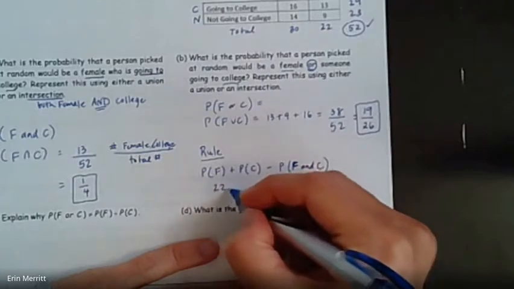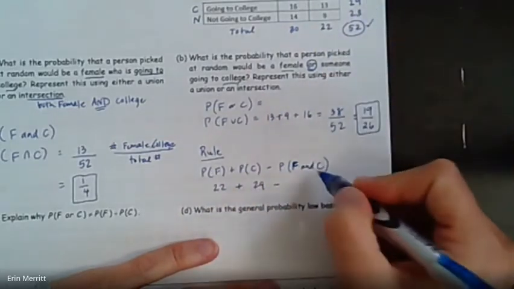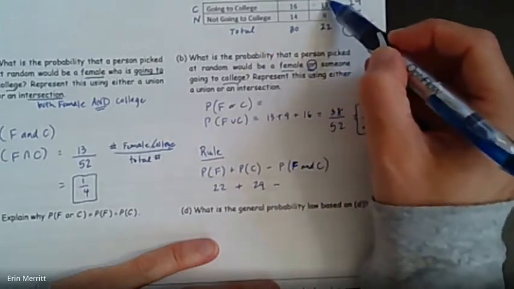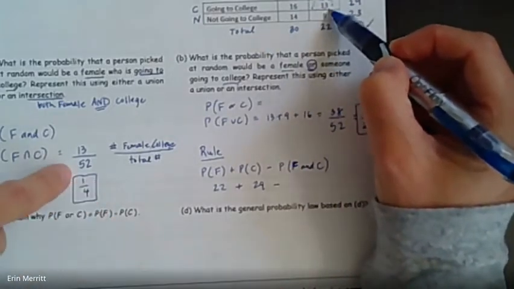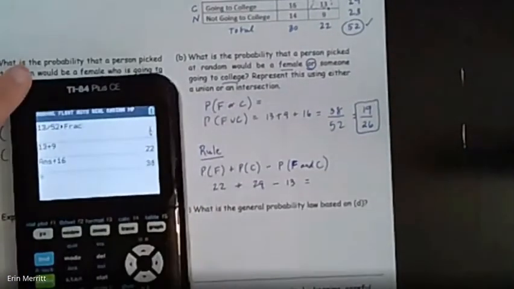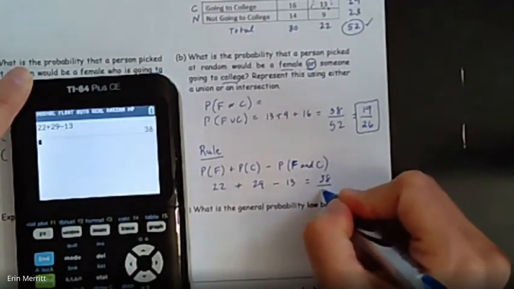There was 22 of them. We added up all the people going to college. There was 29. And then subtract the one little overlapping piece. So if you're going to college and you're female, that was the 13 right there. The 13 from over here. Right? So if I do 22 plus 29 and then subtract 13, there's that same answer of 38 out of the 52.